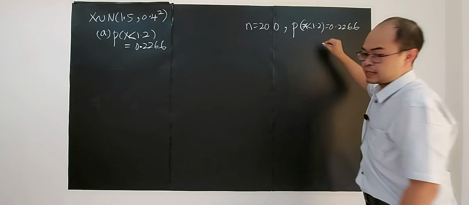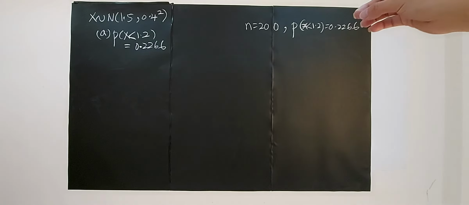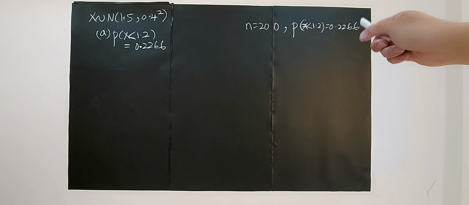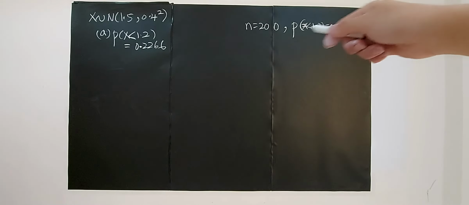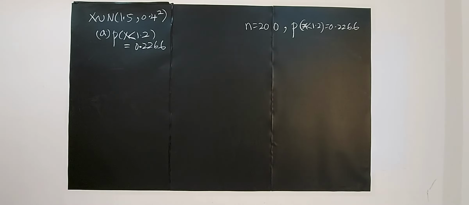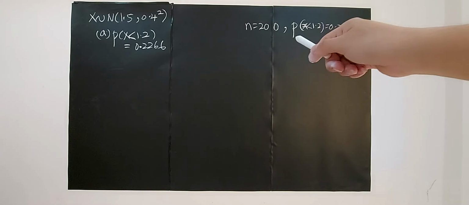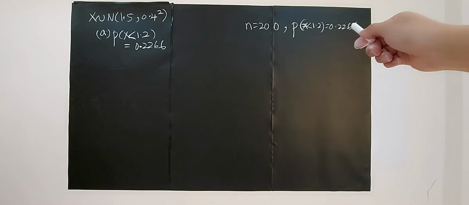This is also considered a probability, or we can say this is a percentage. It means 22.66% of all the chickens have X less than 1.2 kg. That is, for the mass of the chicken to be less than 1.2 kg, this is the percentage.